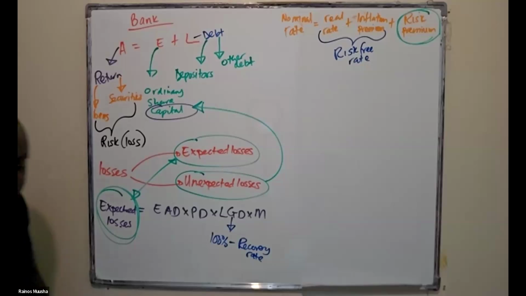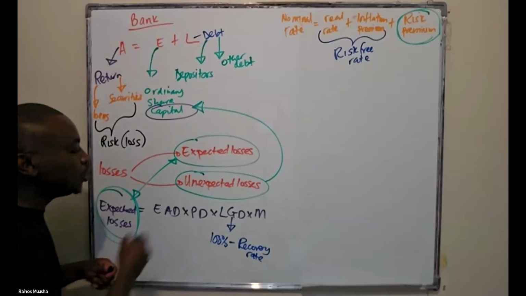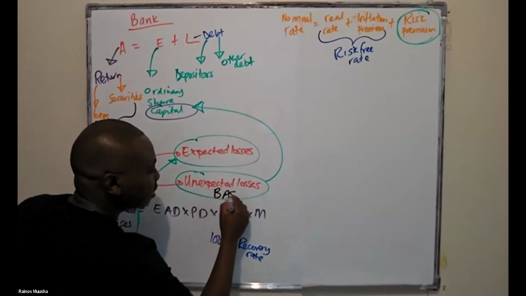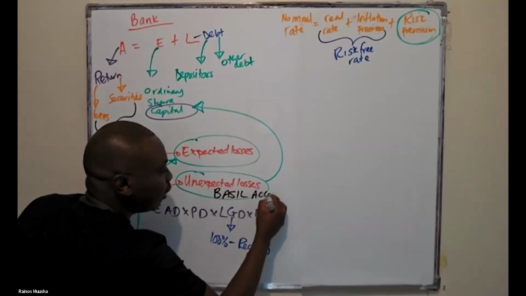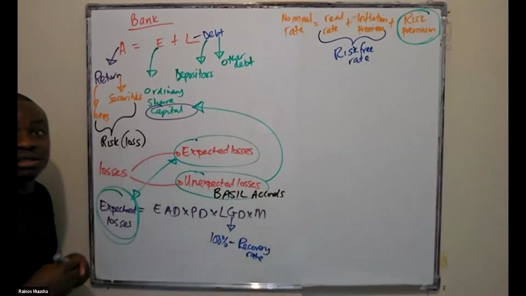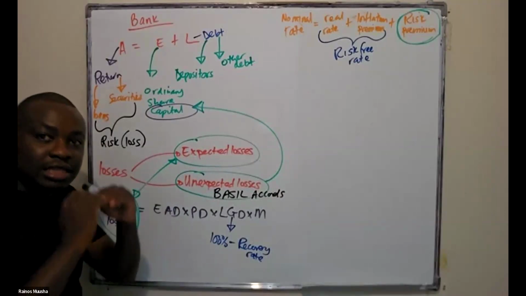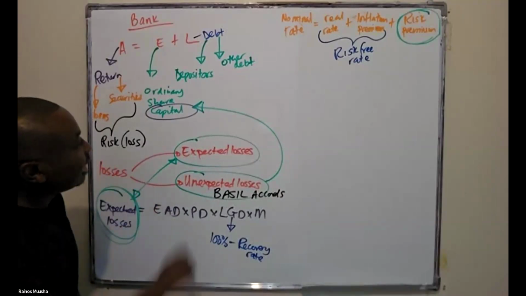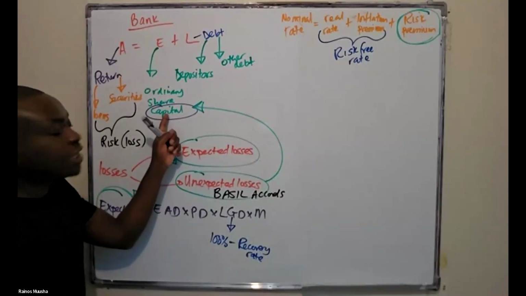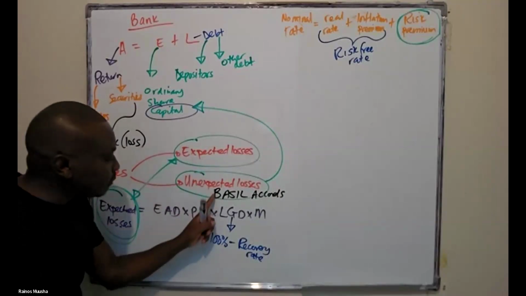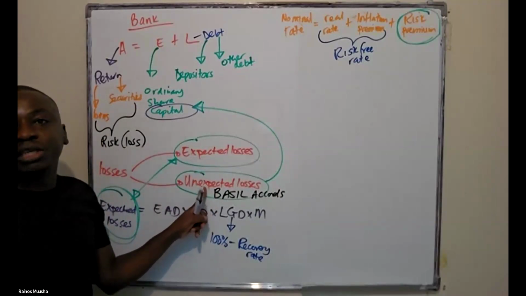Which means when you look at the evolution of the Basel Accords, in simple terms, they are mostly there to ensure that the bank has enough capital available to cater for unexpected losses.